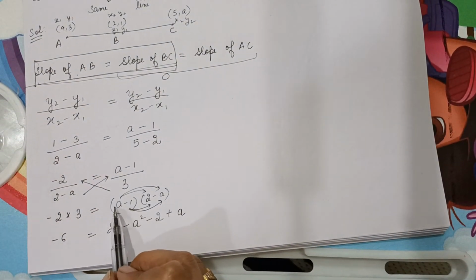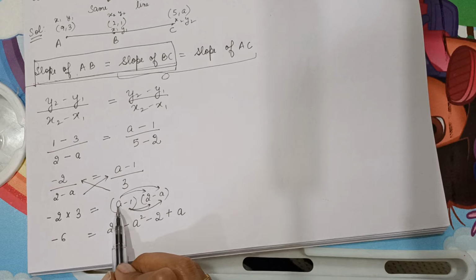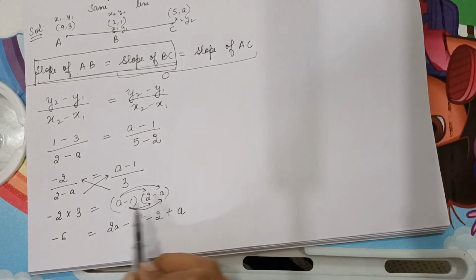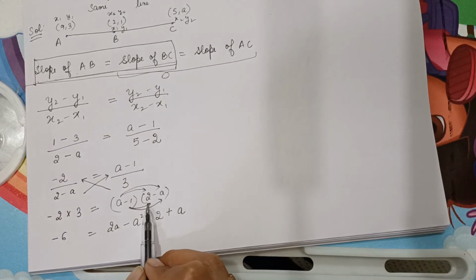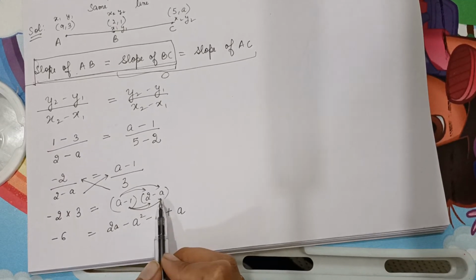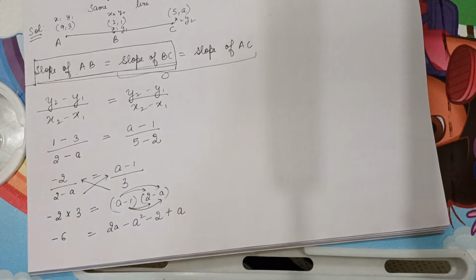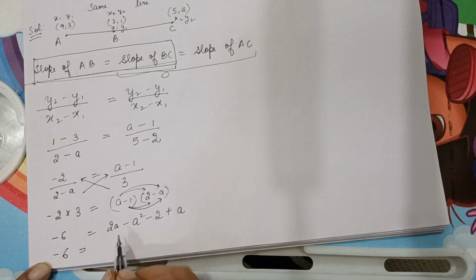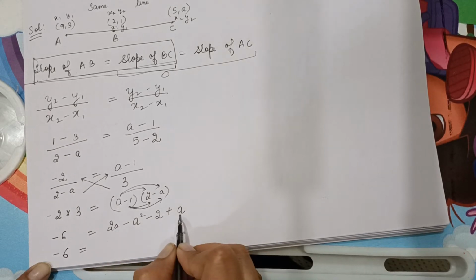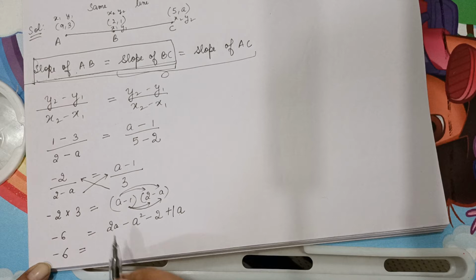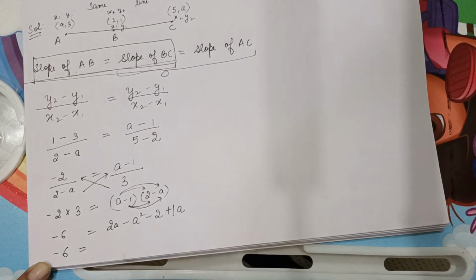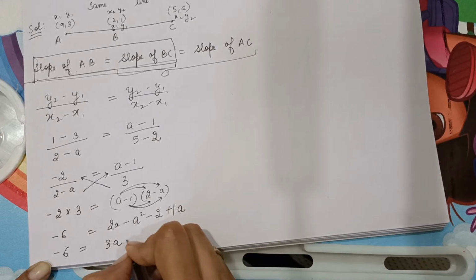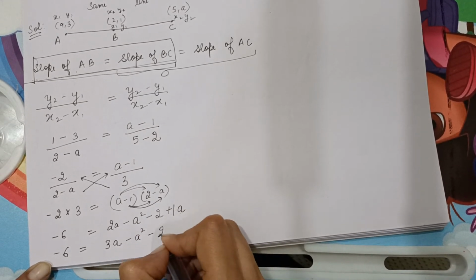So basically we multiplied a with 2 and with minus a, and minus 1 with 2 and with minus a. Now like terms: 2a and a, that is 1a, so 2 plus 1 is 3. So minus 6 equals 3a minus a square minus 2.